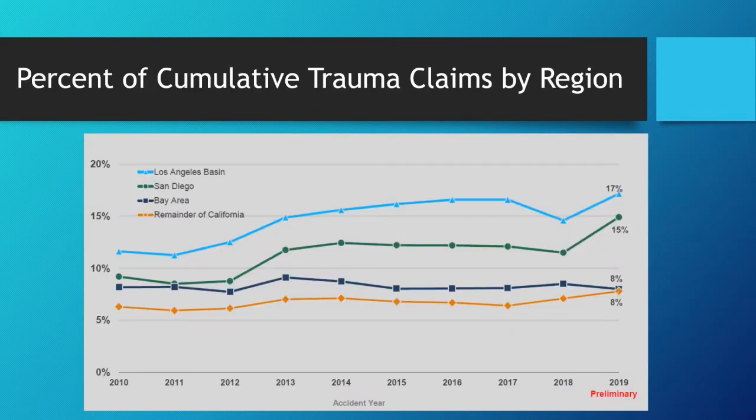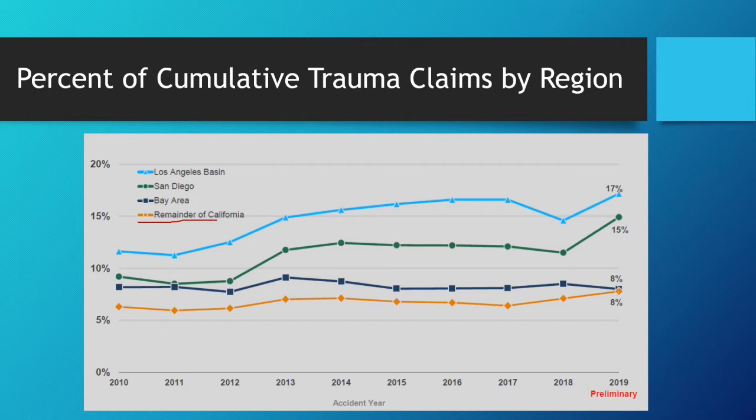Okay, so here is a graph that depicts some of the recent trends in cumulative trauma injury claims. And this is a graph that shows cumulative trauma injury claims by region within the state of California. So you can see here at the bottom of the graph in yellow is statistics relating to the entire state of California as a collective whole.